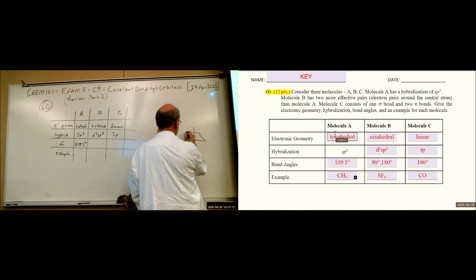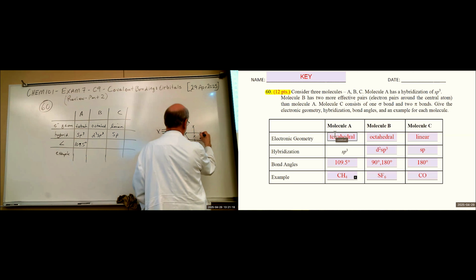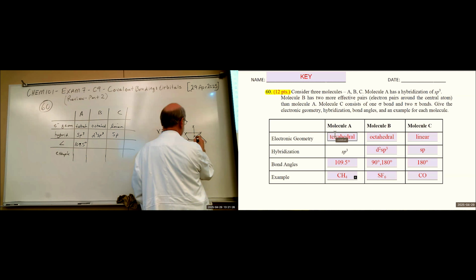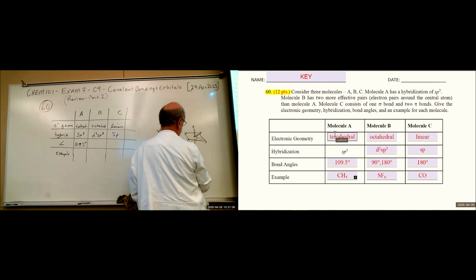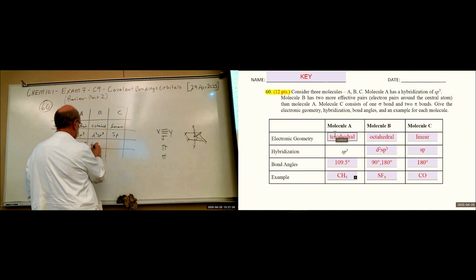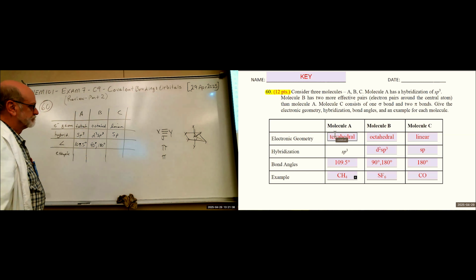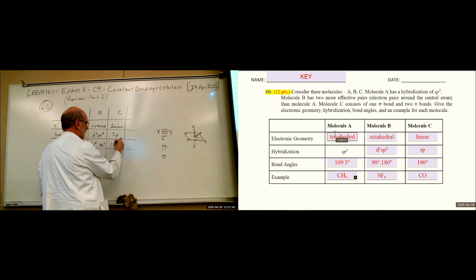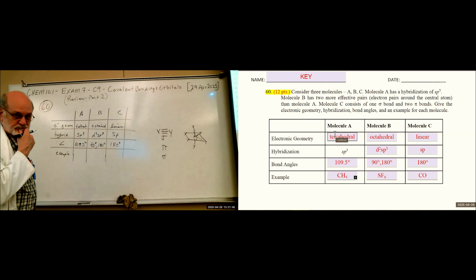If these positions are all filled, then we have the possibility for 90 degrees there, 90 degrees here, and 180 there. So we have 90 possible and 180 possible. And then for this one, there's only one possibility, 180 degrees.